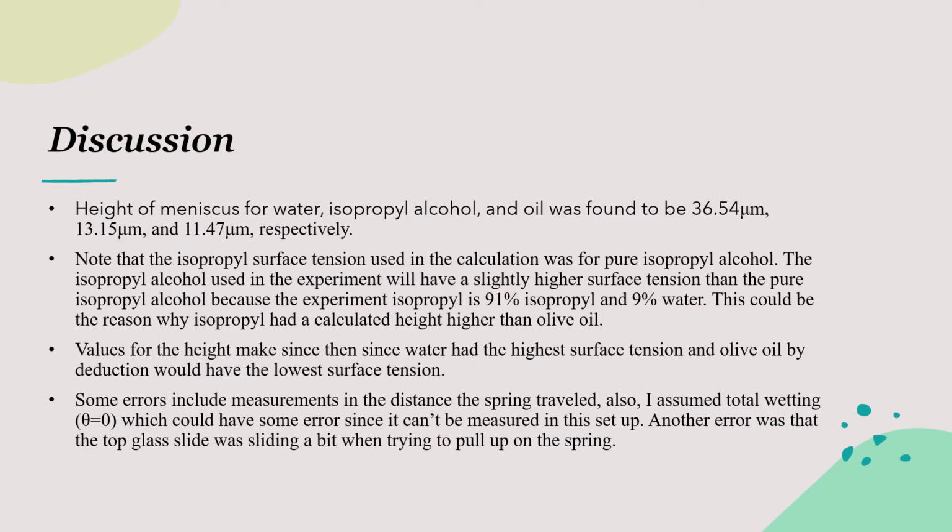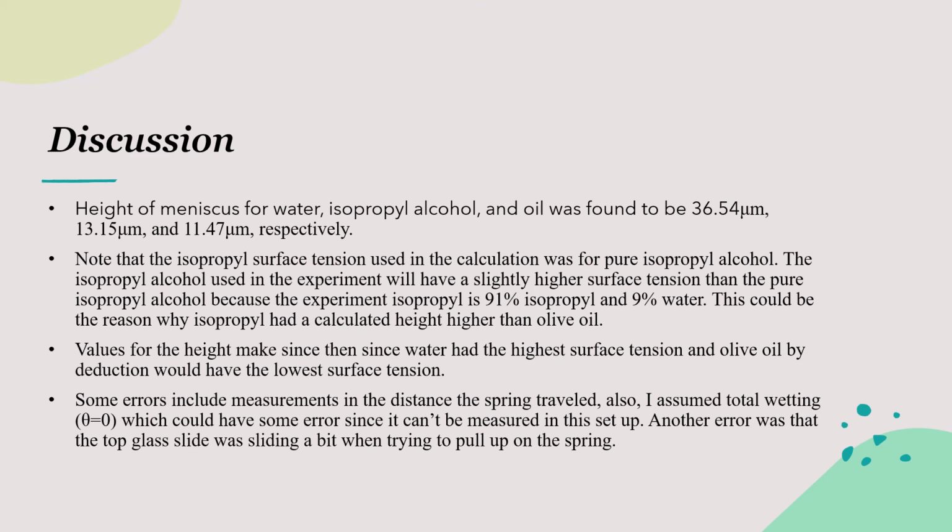In conclusion, I calculated the height of meniscus for water, isopropyl alcohol, and oil to be 36.54 micrometers, 13.15 micrometers, and 11.47 micrometers respectively. Note that the isopropyl surface tension used in the calculation was for pure isopropyl alcohol.